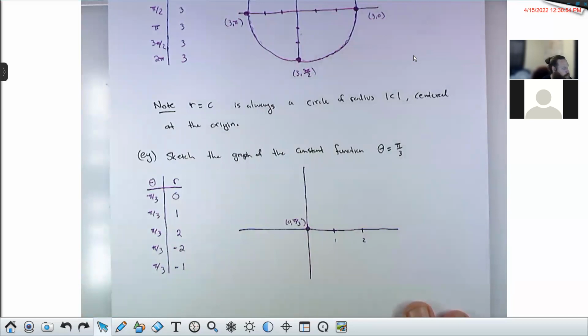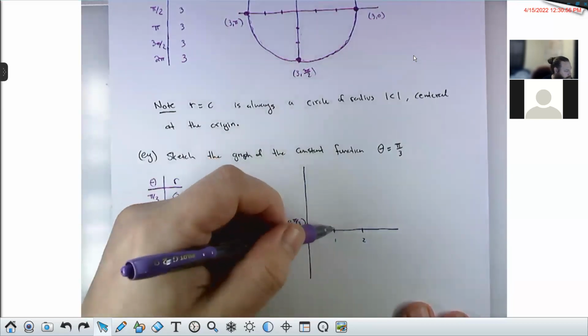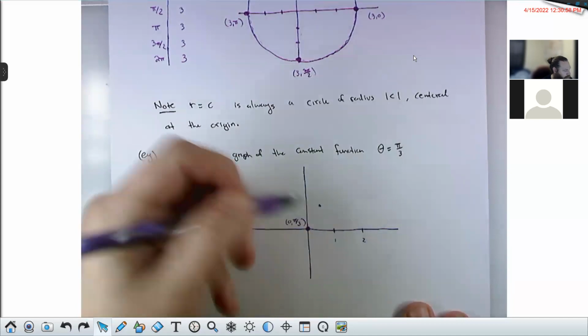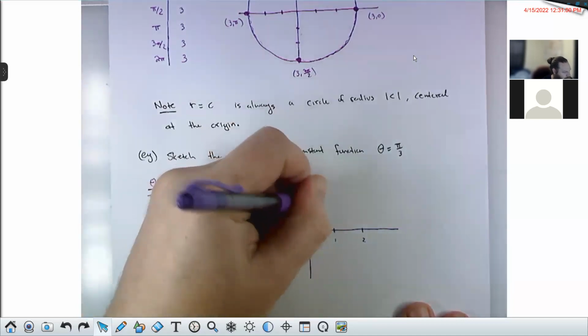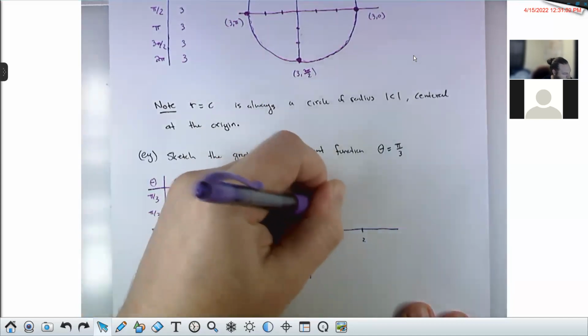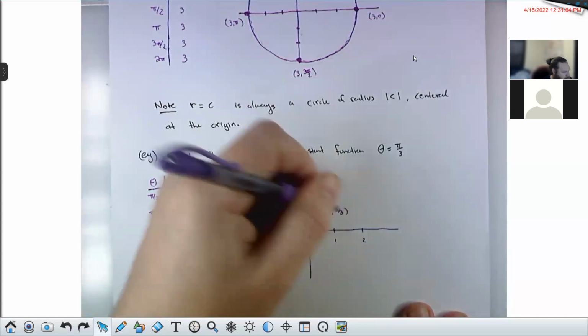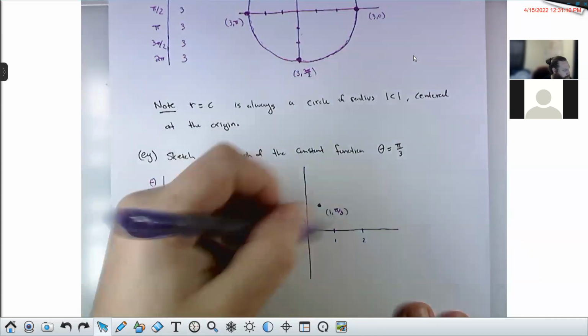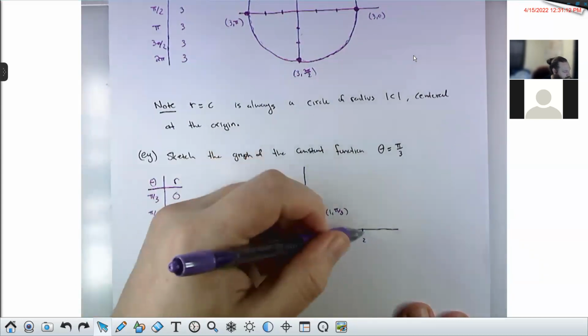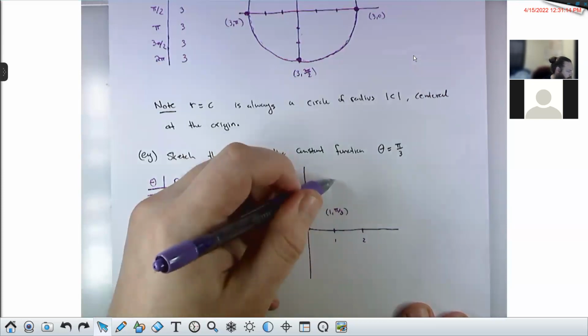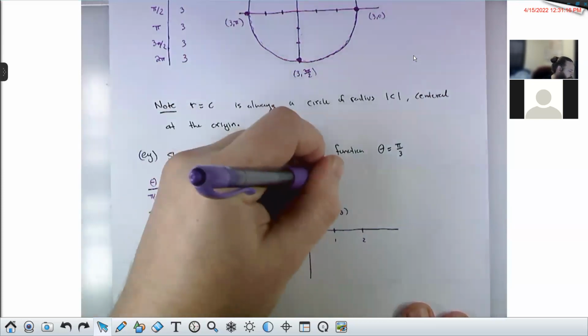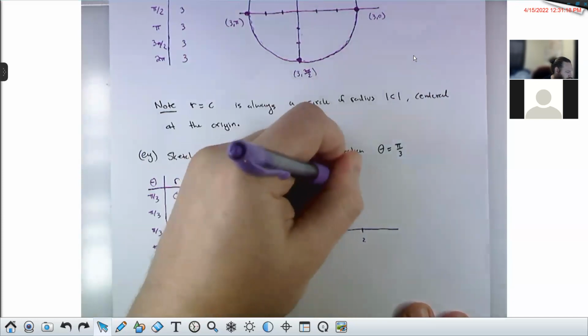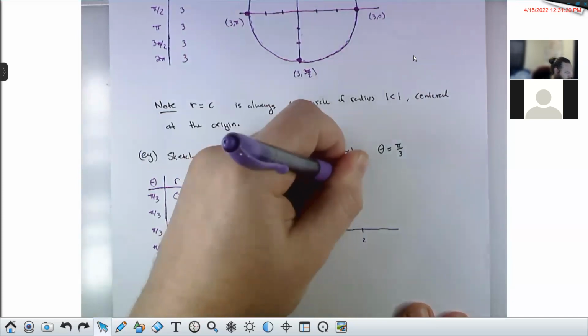If I look at the polar point 1, pi over 3, I'm going to walk out 1 and rotate up by pi over 3. That's going to put me somewhere right around here. It's the polar point 1, pi over 3. If I look for the polar point 2, pi over 3, means I go out 1, 2, and then rotate up by pi over 3. It's going to put me right about here. It's the polar point 2, pi over 3.